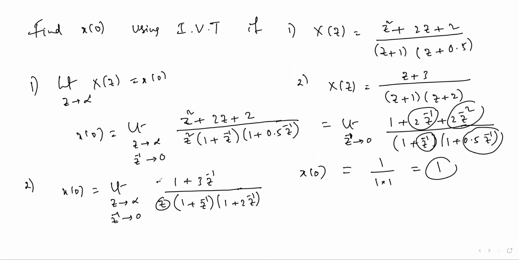This z if I write here, this is z inverse. Then z inverse is tending to 0 means here this will be 0. Of course, these are 0, no infinities. Even if infinity is there, 0 into infinity, 0 only. Infinity also cannot affect 0. So finally 0 we will get.